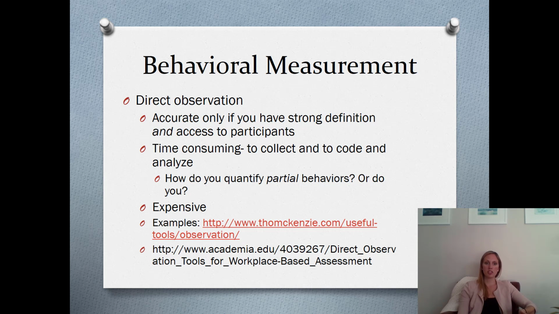And direct observation can only work if you have access to participants. So while ideally we could always assess people engaging in the behaviors that we're interested in real time and in real context, this is most often not feasible. It's also very time consuming to collect the data.